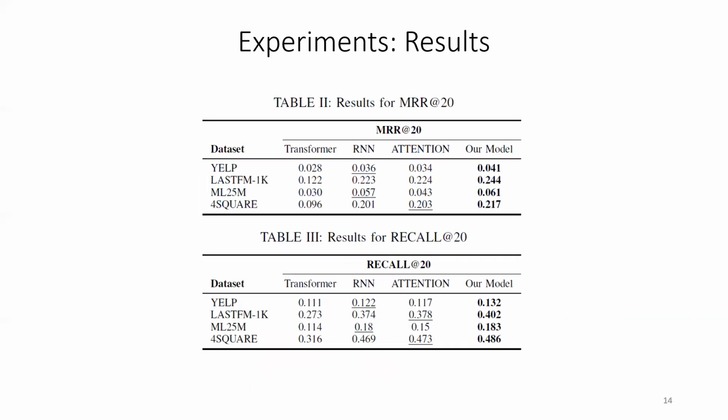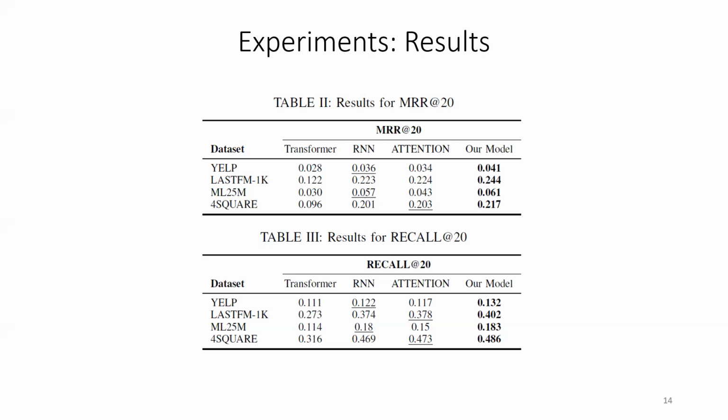Now we'll briefly discuss our results. So we compared our model to 3 other models across 2 metrics, MRR and recall. And so the baselines chosen are the standard transformer and a standard RNN network, which is a GRU network.